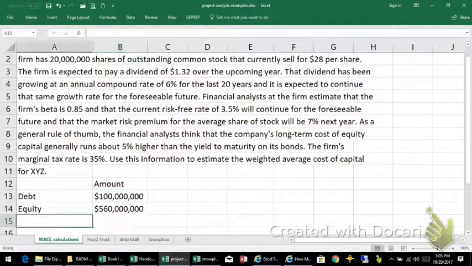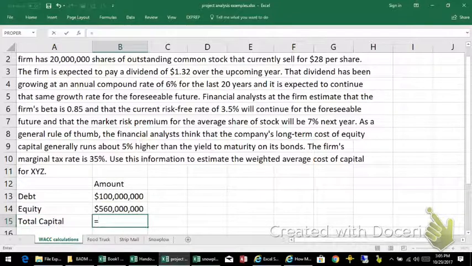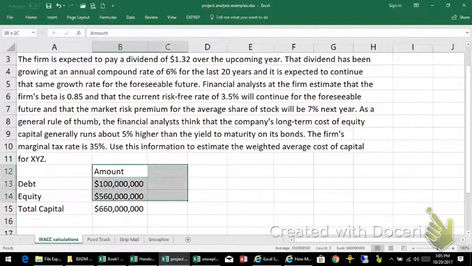So the total capital would be $660 million. Okay?